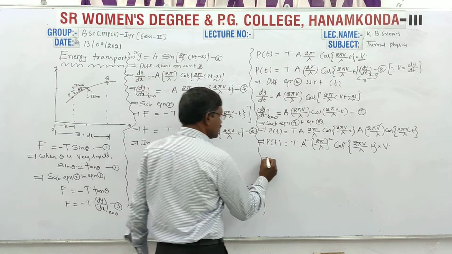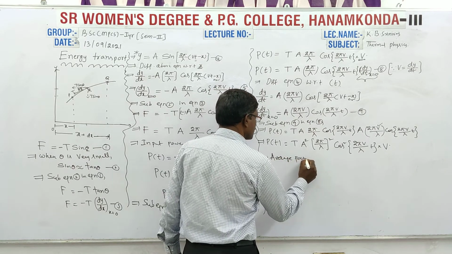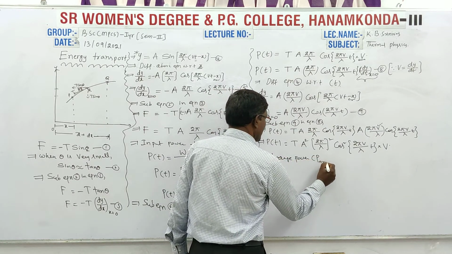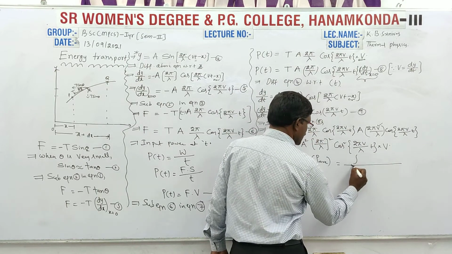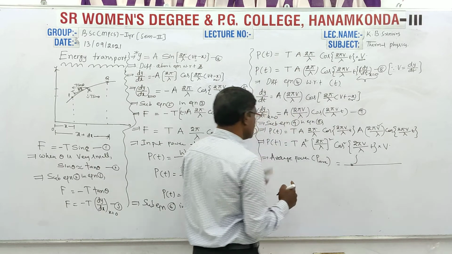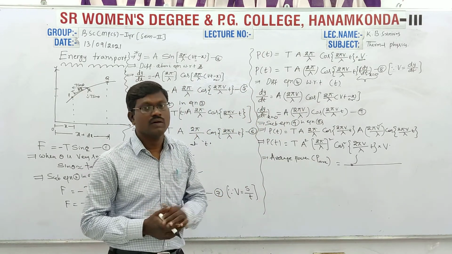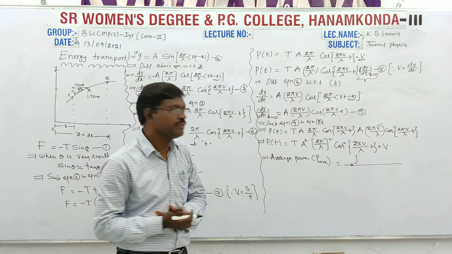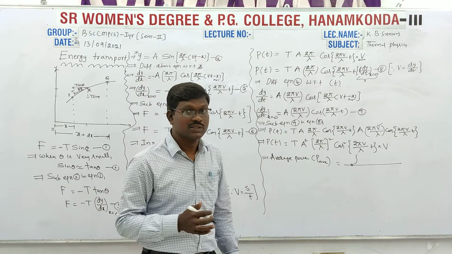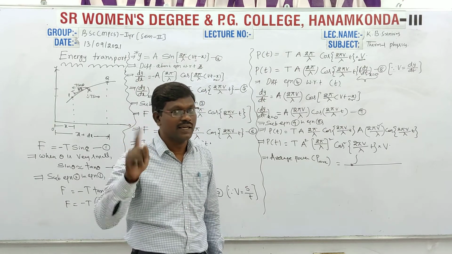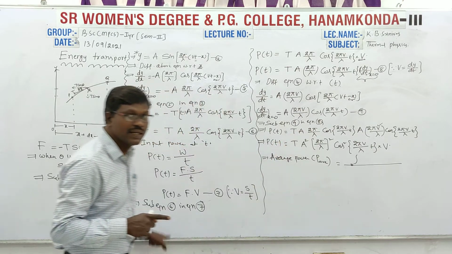So what is the definition for average power? Average power, that is P average, is just to integrate this input power over a periodic time or time period. Here I am representing the time period by tau, not capital T, because already here we are having capital T. What is capital T here?